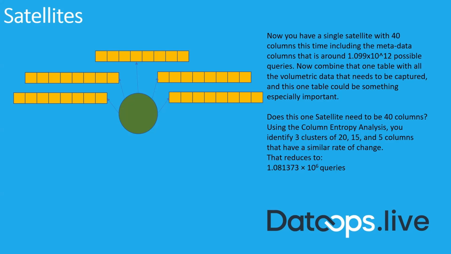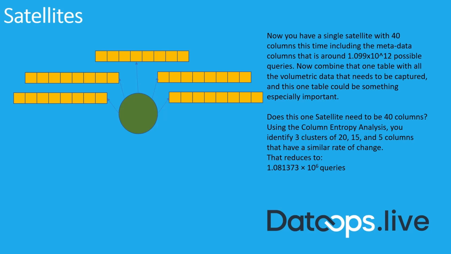So if we take a look at this one satellite that has 40 columns and use that column entropy analysis that I showed before, where you compare the rate of change of the columns versus the rate of change of the rows, and you identify, let's say, 3 clusters of rates of change, and those columns break down into 20 columns that are similar, 15 columns that are similar in a different way, and 5 other columns.